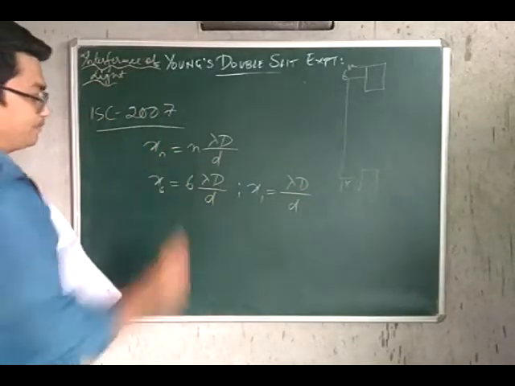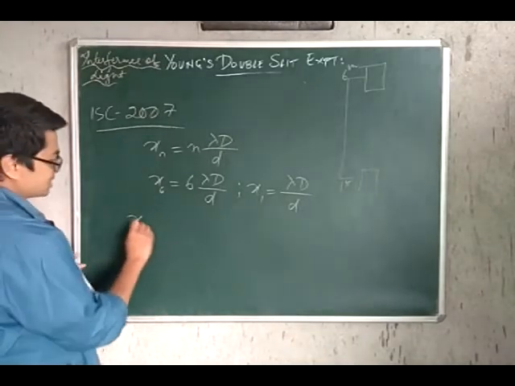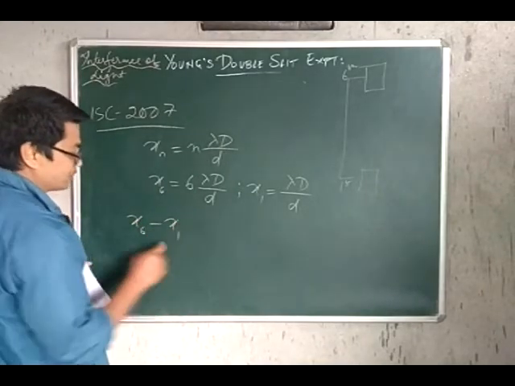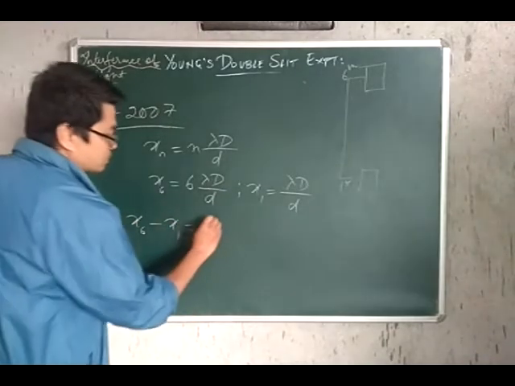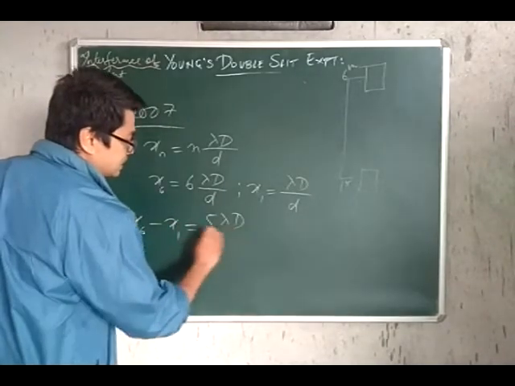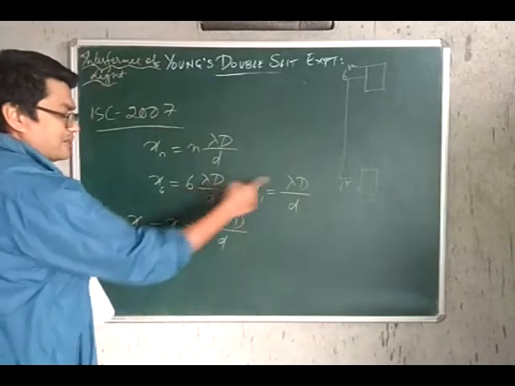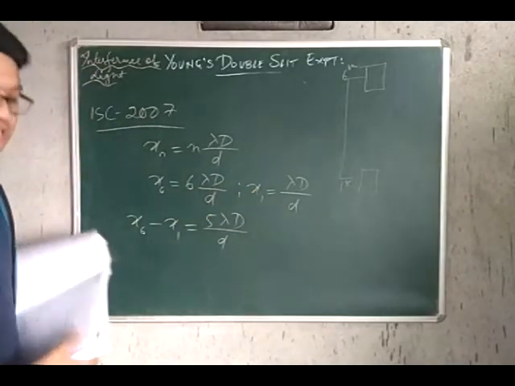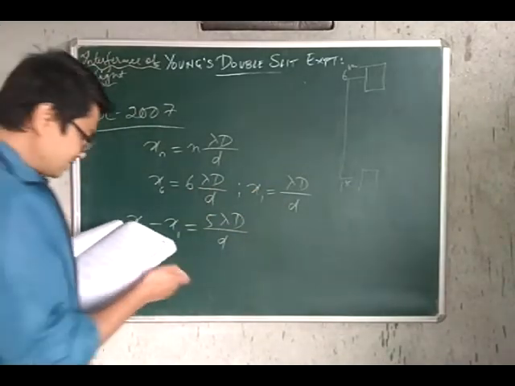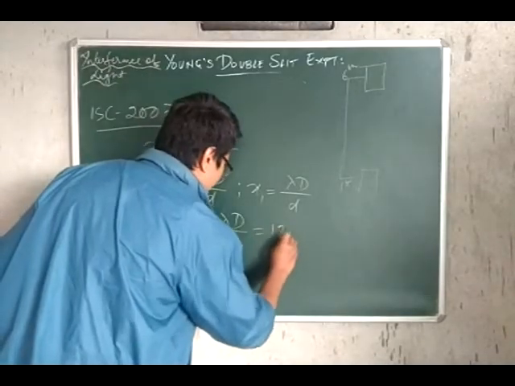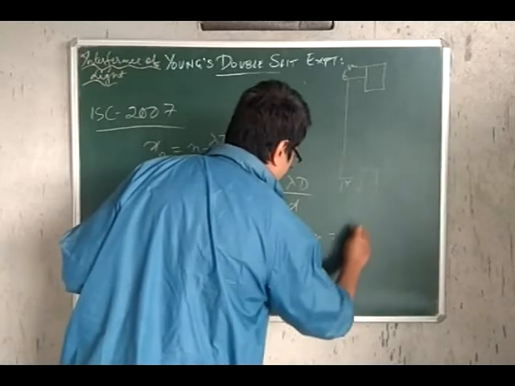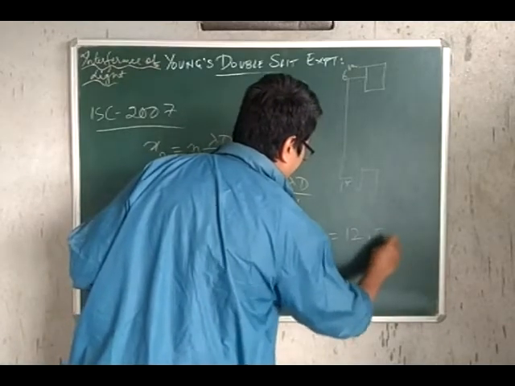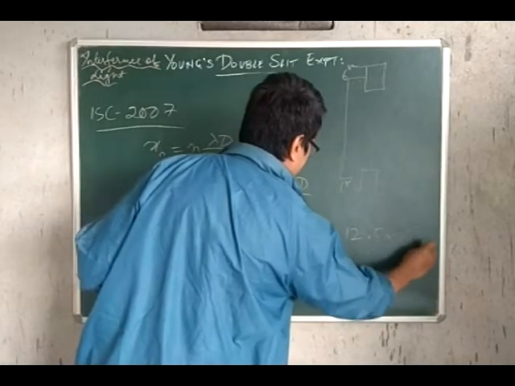The distance between them is 5 lambda D by small d, which is given as 12.5 mm, or 12.5 into 10 to the power minus 3 meters.